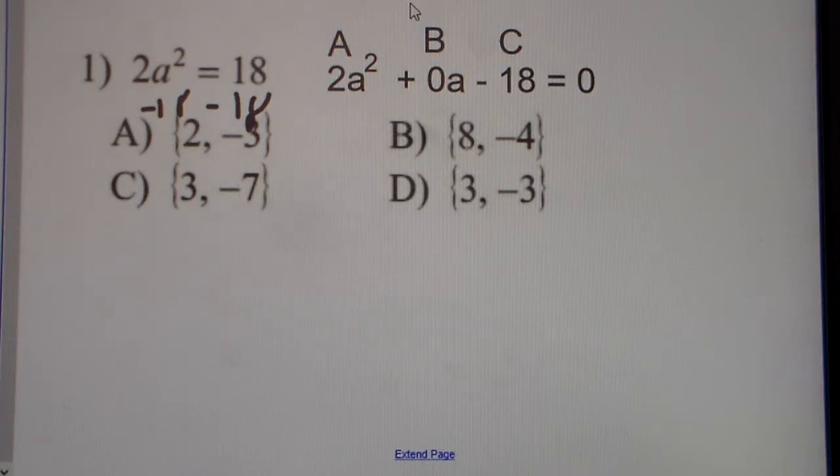Now the quadratic formula is minus b plus or minus the square root of b squared minus 4ac all over 2a. So let's put that all into perspective here.